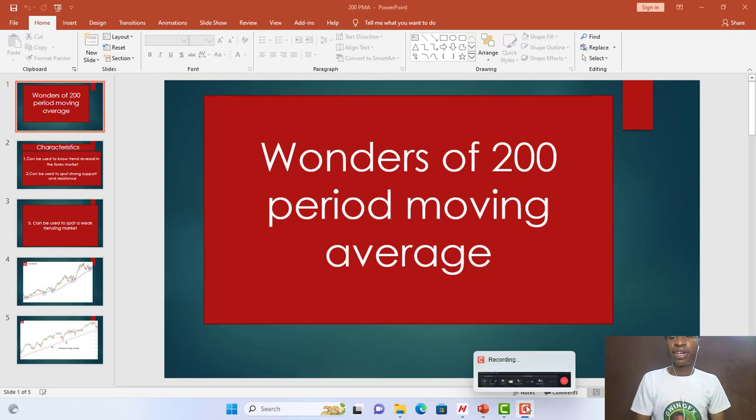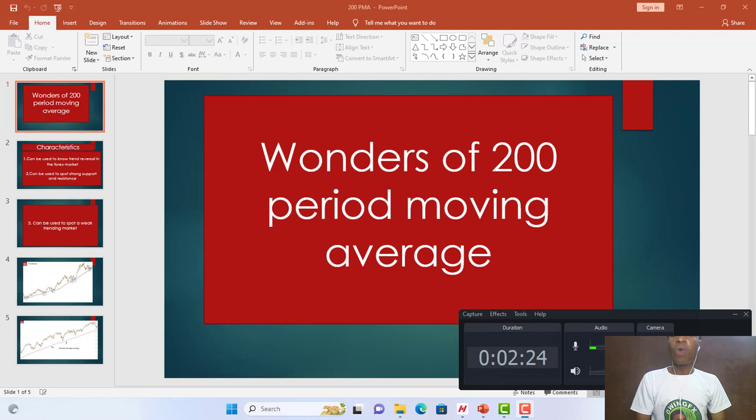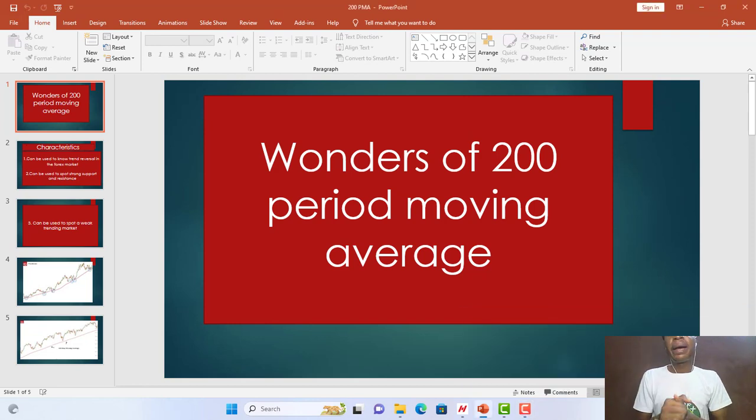In everything, if at all I want to use anything excluding the price action, the only thing I use is the 200 period moving average. Even as that, I still relate it to the price action.